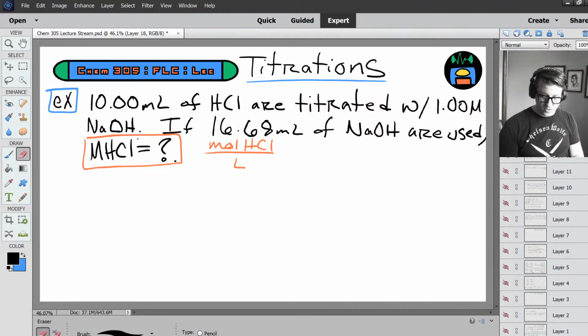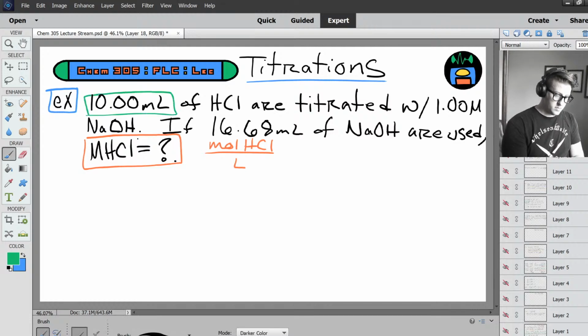Right, so we have our denominator. We know what volume goes in our denominator. We need to calculate the moles of HCl using our balanced chemical equation.